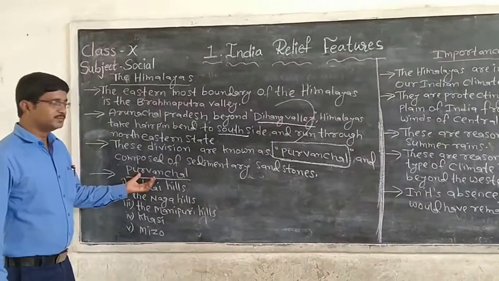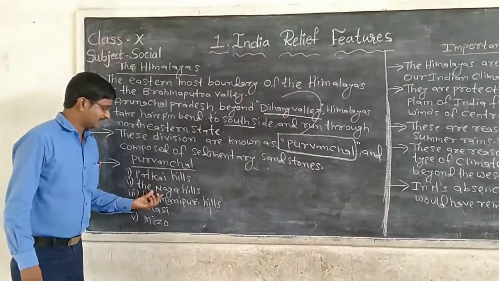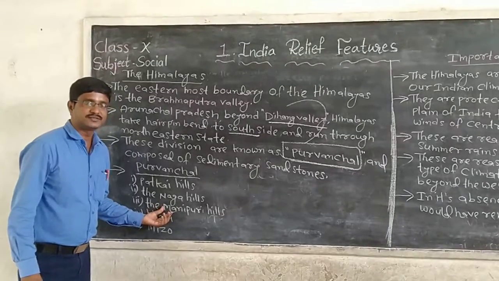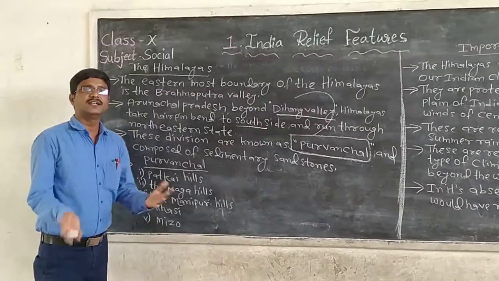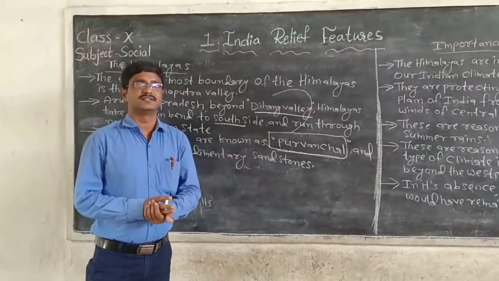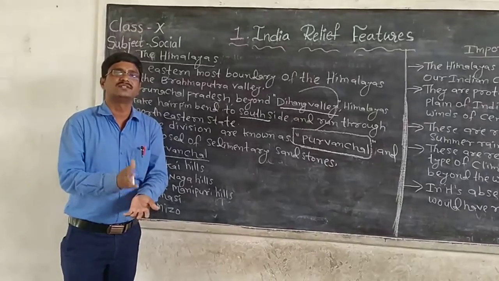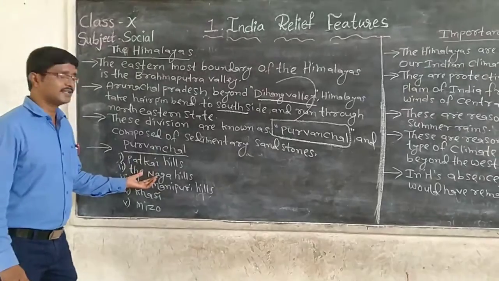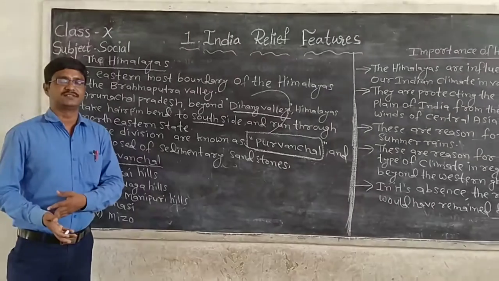For example, they are called Patkai Hills in one region, Naga Hills in Nagaland, and also Manipuri Hills, Khasi Hills, and Mizo Hills.